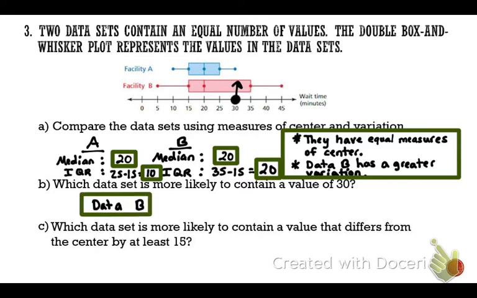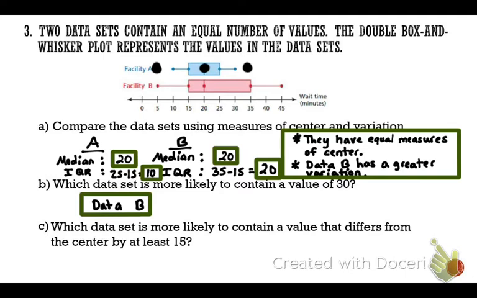Which data set is more likely to contain a value that differs from the center by at least 15? What is the center for facility A? 20. If I want it to differ by 15, if I added it, it would be 35. If I subtracted it, it would be 5. Do either of those dots end up in my box for the box and whisker plot? No, they do not. So if you put A, that is not correct.